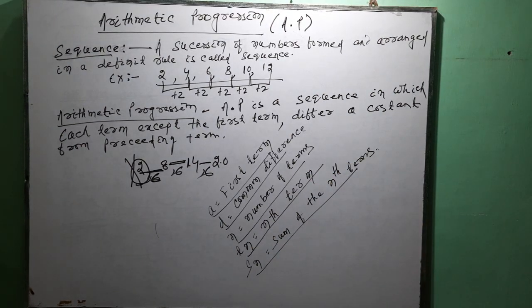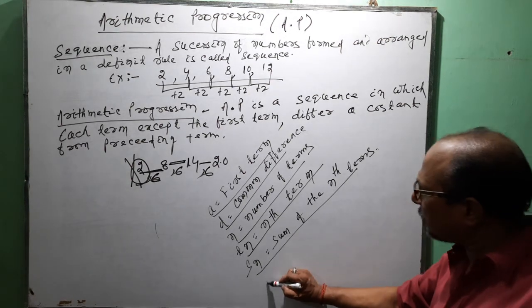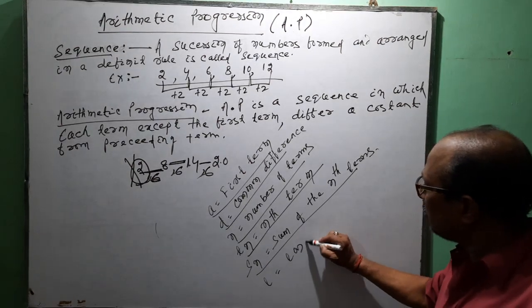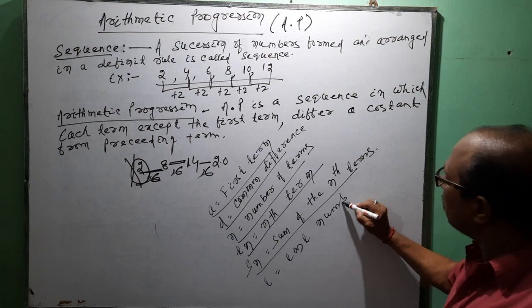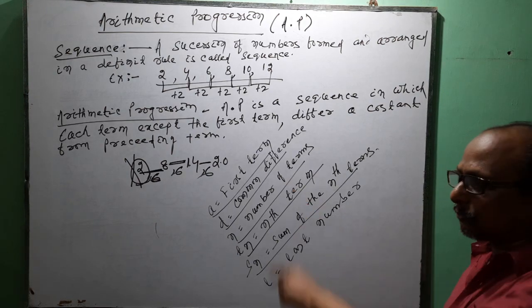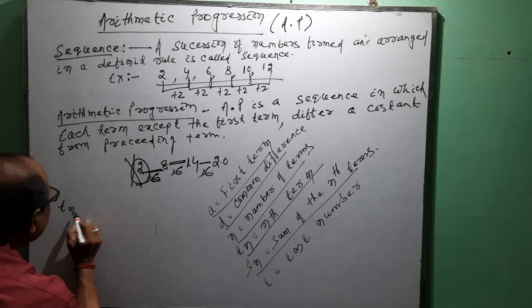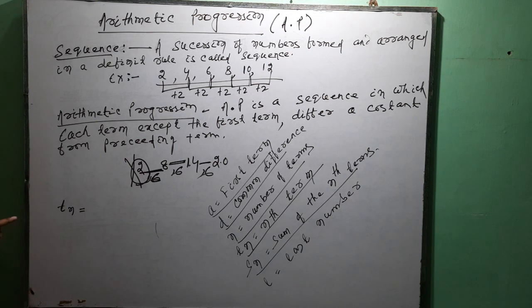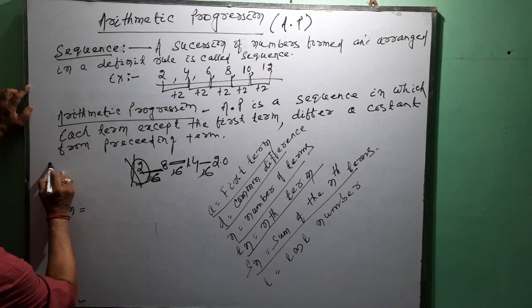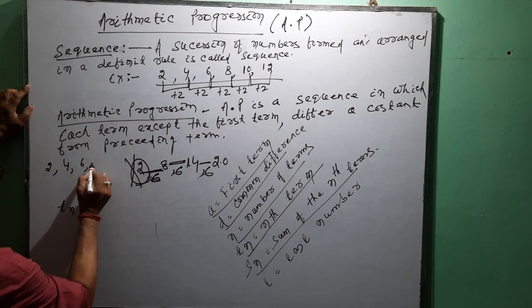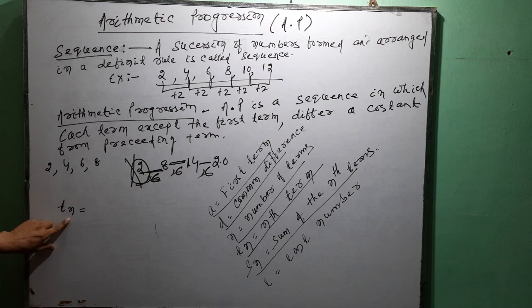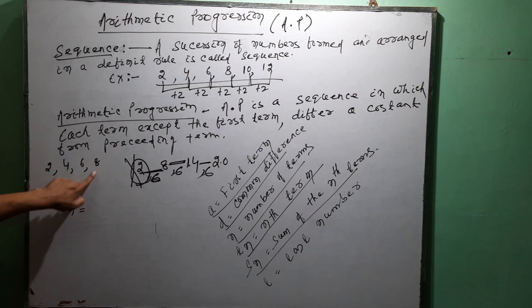Then l is the last number. So here we move to the formulas. What is Tn? Tn means the nth term. Suppose 2, 4, 6, 8. T1 is the first term, T2 the second term, T3 the third term, T4 the fourth term.